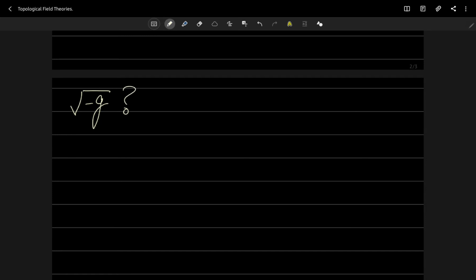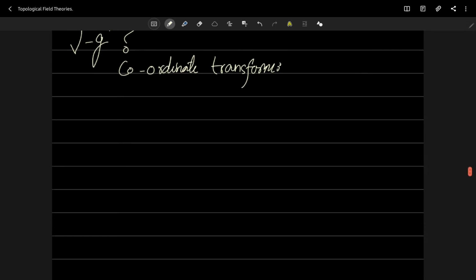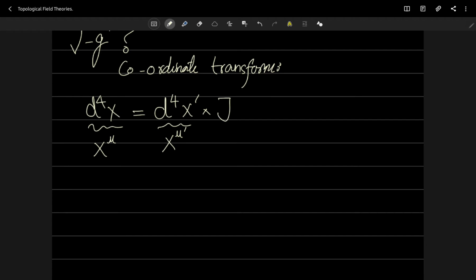Well, if you recall, under a coordinate transformation, we have d4x, which you can say is x mu, equal to d4x prime, which you could say is x mu prime, multiplied by the Jacobian j, where j is your determinant of partial x mu over partial x mu prime, right?